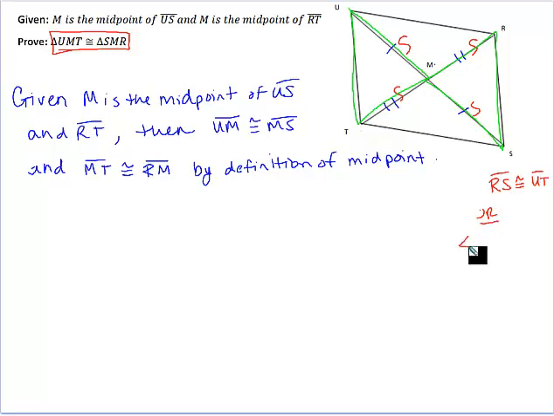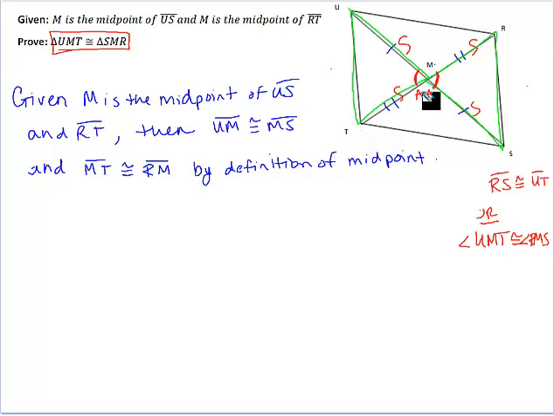The included angle here would be angle UMT and angle RMS. Now here, RS and UT, they are clearly not the same line, so we can't say that they're equal to each other by reflexive, and it would be difficult to prove. However, if you look at this angle here, we should be able to show that those two angles are equal to each other because they're vertical. So that's exactly what we're going to do.